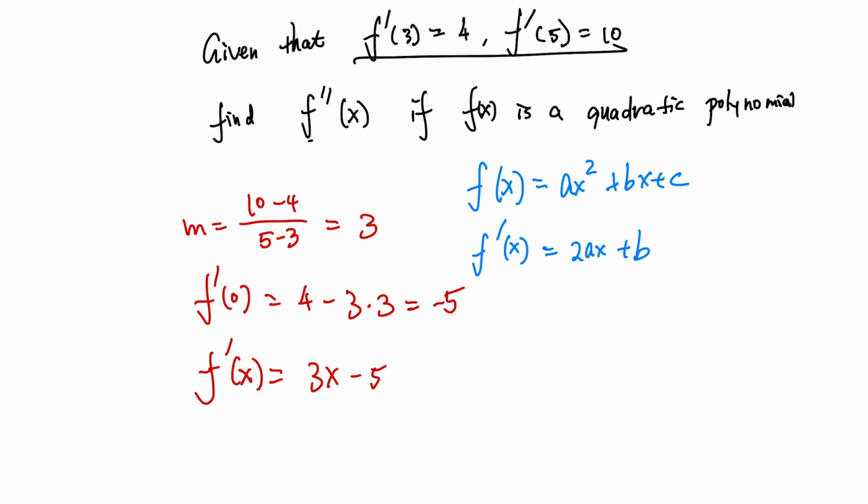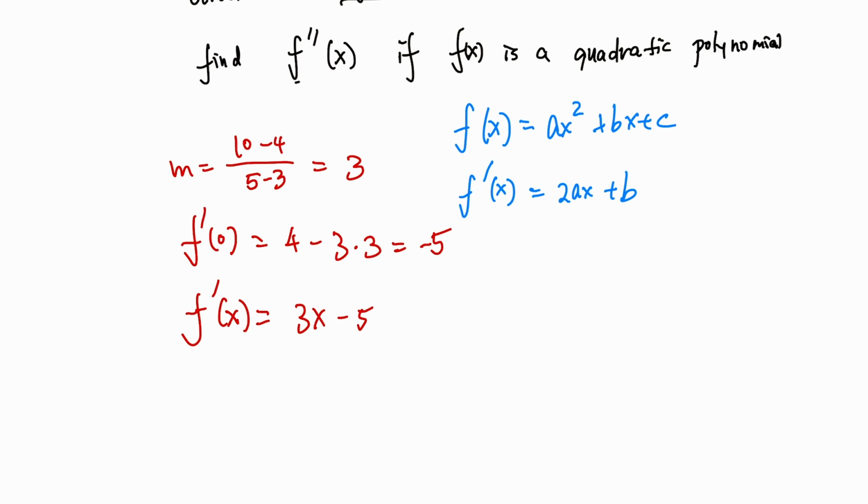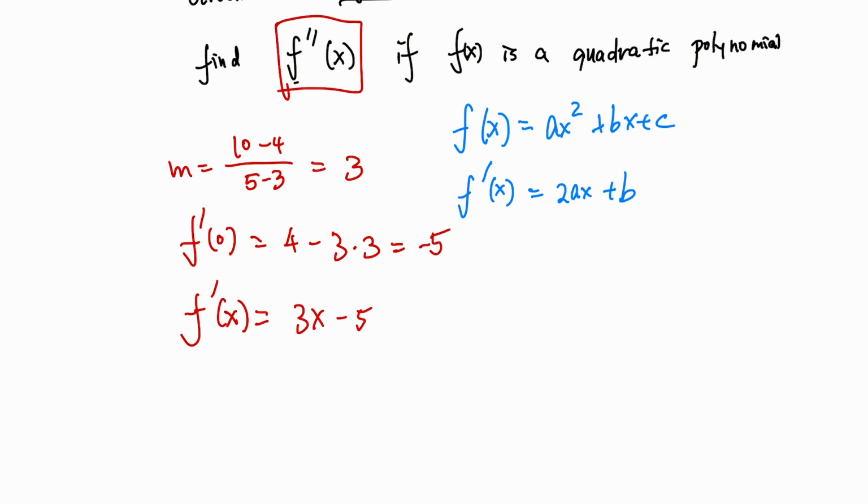Not too bad. Let's plug that back in to see. If we have that, then 9 minus 5 is 4, and 15 minus 5 is 10. So we are correct. And we just need to find the derivative on top of that.